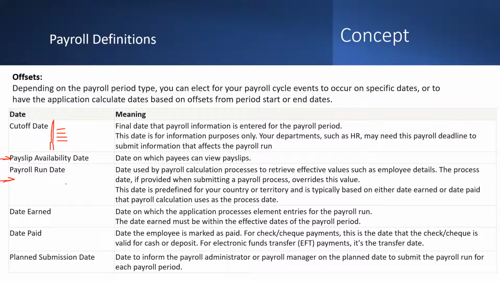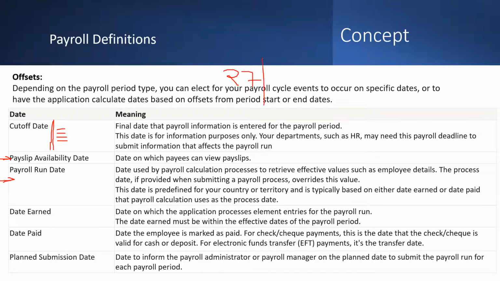Why is it useful? Because this will retrieve my employee information. For example, if anybody joins an organization on the 25th, that person will be included in my payroll run, because I have put the payroll run date as the 27th.